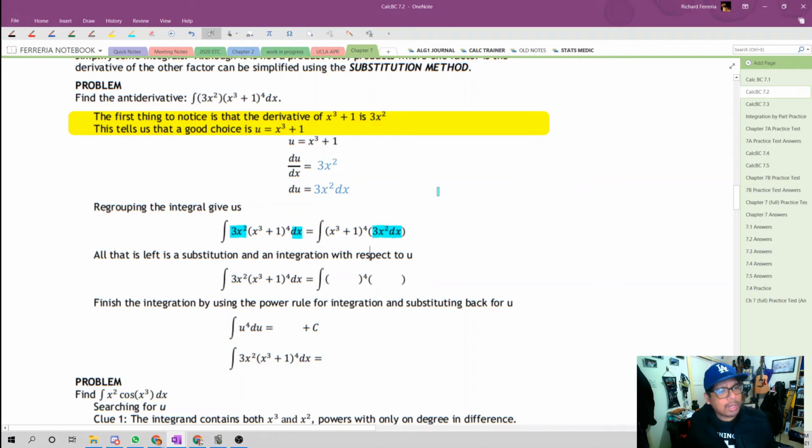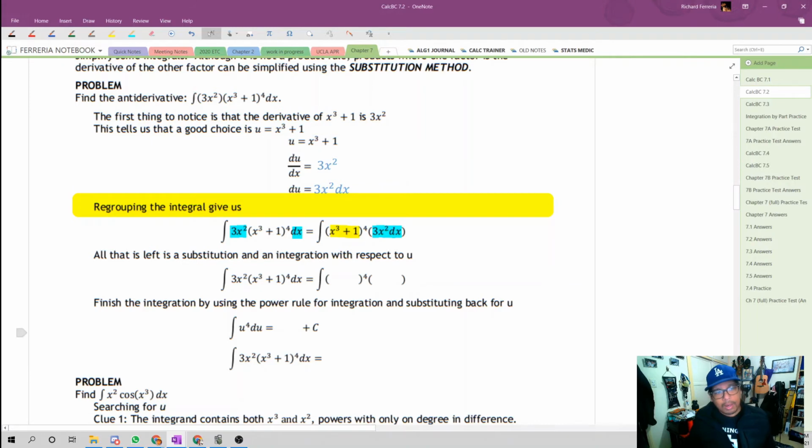And then we notice that we have the x cubed plus 1. Then we take a look at what we had just previously written, and we notice that we can substitute x cubed plus 1 for u. So that's what we're going to do. Instead of x cubed plus 1 to the 4th, we make that u to the 4th power. We also notice that du is the same thing as 3x squared dx. So we can substitute 3x squared dx with du.